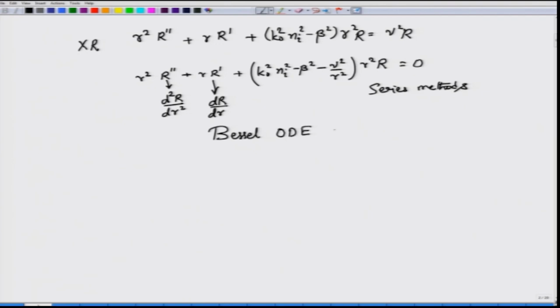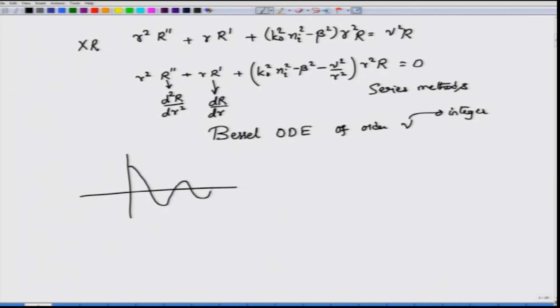This is a Bessel ODE of order nu, and because we want solutions which are actually propagating inside the waveguide or inside the fiber, we take this nu to be an integer. Okay. Now, there are different types of Bessel functions. The ones that are actually useful for us will be called Bessel functions of the first kind and Bessel functions of the second kind. So, these are the different Bessel functions, you must have seen them.